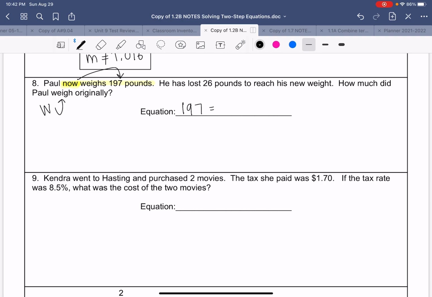If I want to use W as my variable, I need to know what goes on that other side of the variable. So if W is what he originally weighed, and that's what we want to know, and we were told that he lost 26 pounds, what operation, as in multiplication, subtraction, addition, or division, do you think of when you hear the word lost?